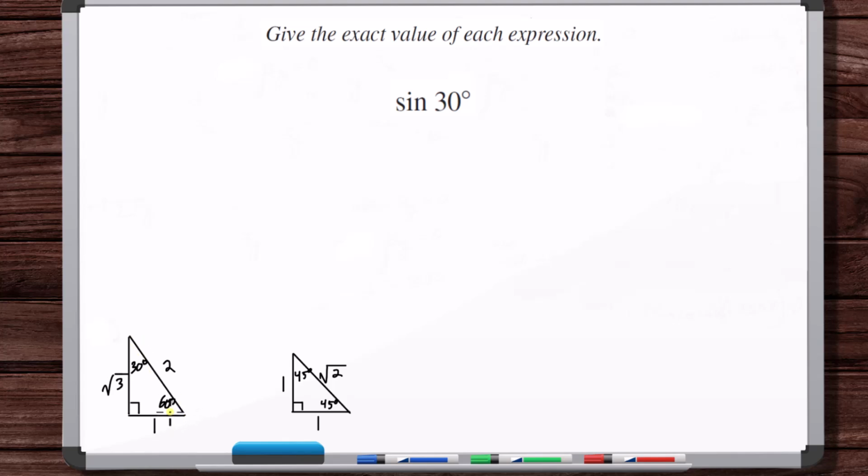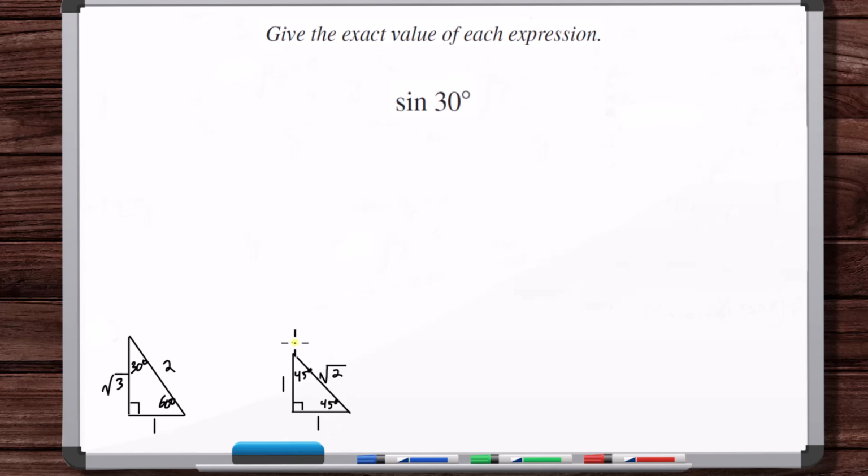No matter what size the 45, 45, 90 triangle is, this leg's going to be equal to this leg, and the hypotenuse is going to be root 2 times these two legs. Because trig functions are based on proportions of sides, and with similar triangles, the proportions aren't changing.